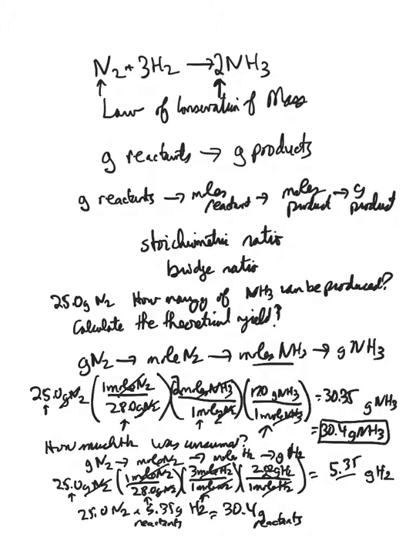And how much did I predict would be made of ammonia? 30.4 grams. And so I must be doing something right. So that's a way you can go back and check yourself at the end of a problem, to see if the amounts add up correctly. And so that's our first example of stoichiometry.